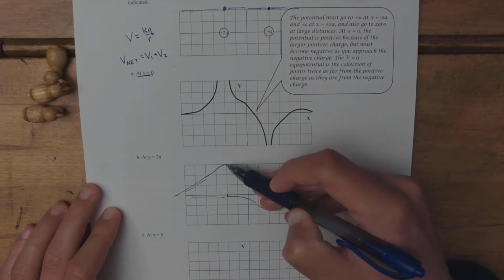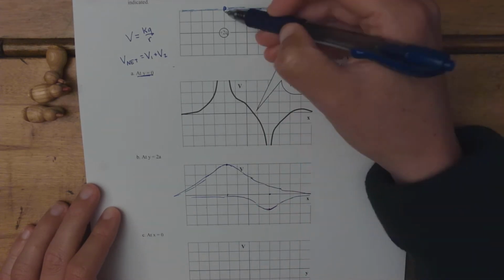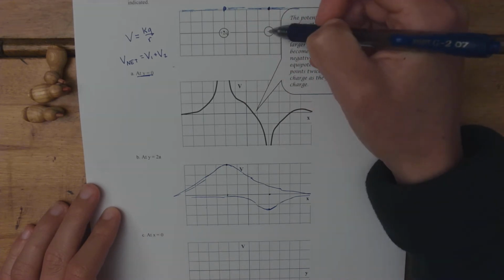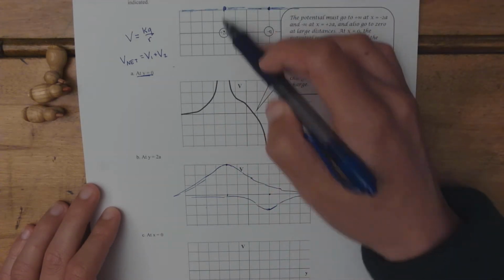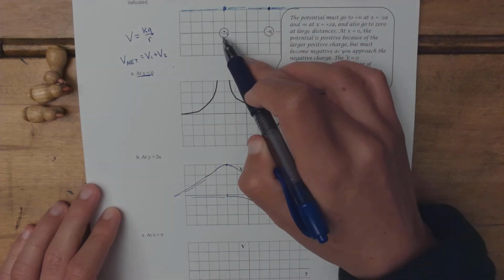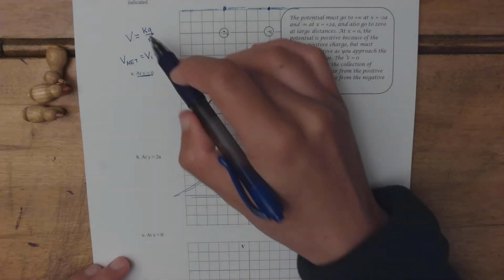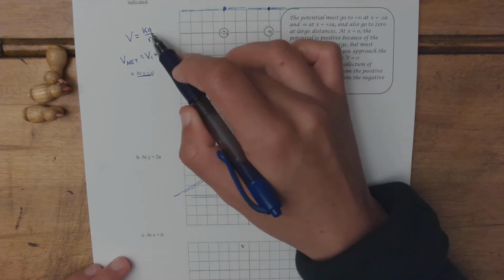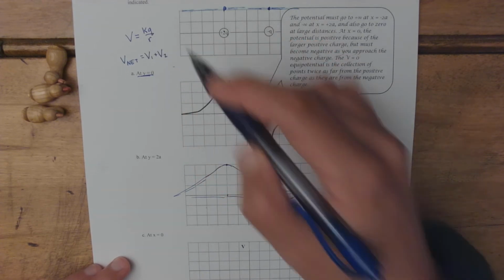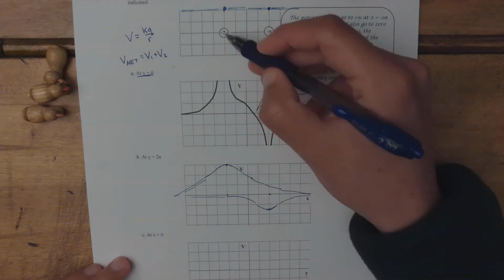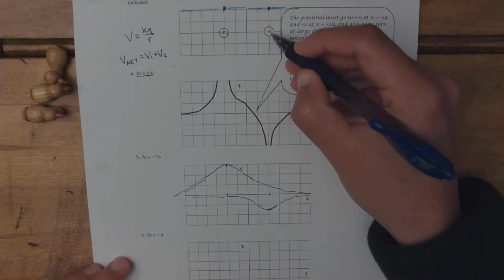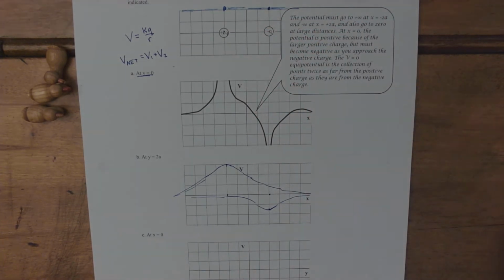So if I did 3 blocks for this, because the distance from here to here is the same as the distance from here to here, if this is 3 blocks, because this is 2q and this is negative q, that should be half of what I had because the k is the same and the r is the same, so the potential would be proportional to just the charge when we compare this point for this charge and this point for this charge. Then I can add those two graphs together.